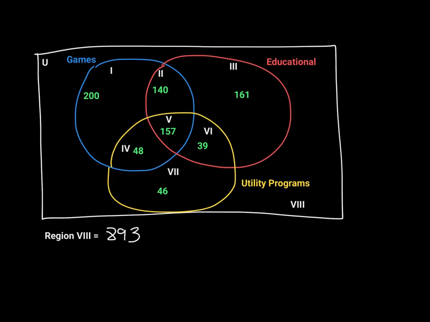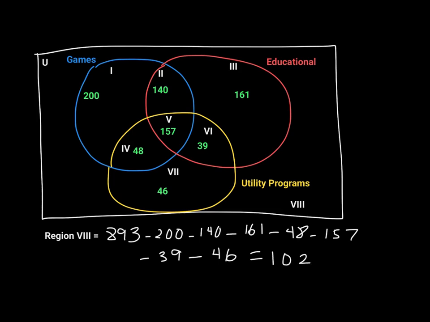So basically 893 minus 200 minus 140 minus 161 minus 48 minus 157 minus 39 minus 46. All of that difference there is 102. That means region 8 here has 102 customers.